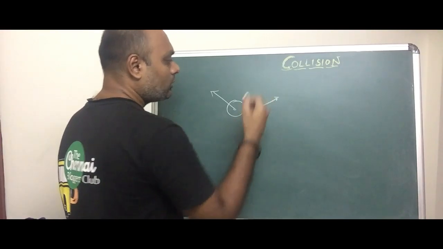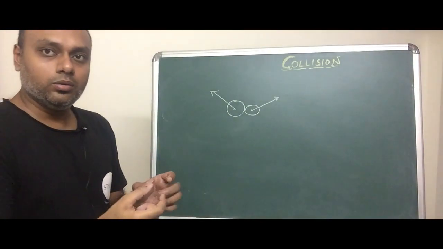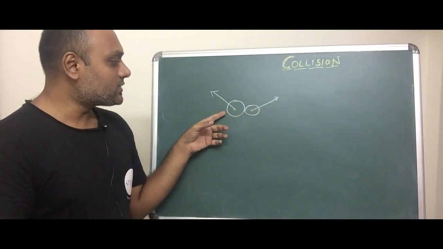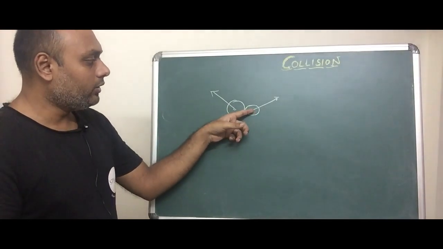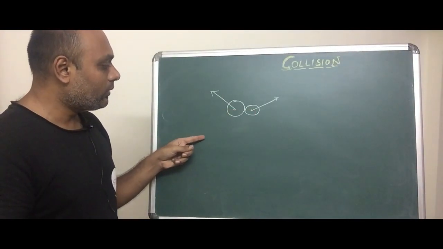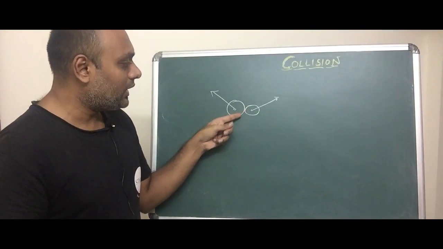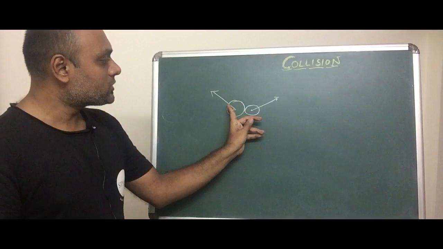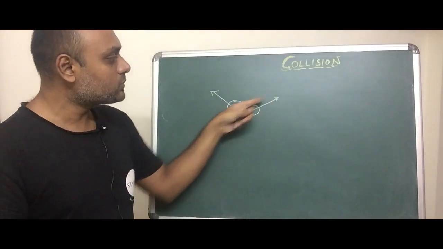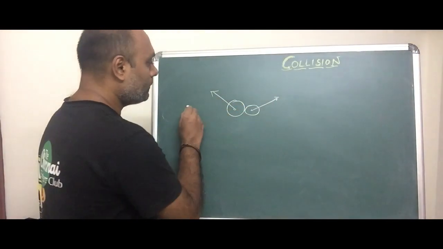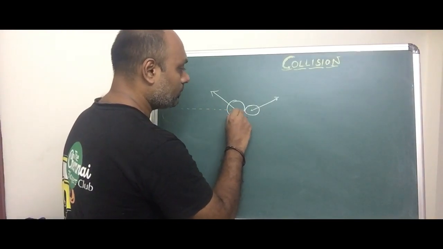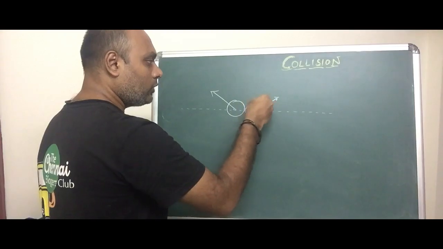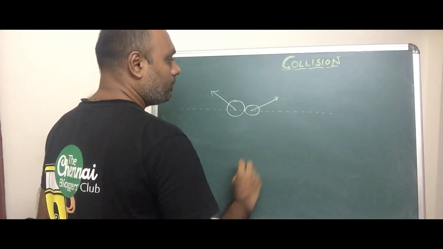This could be an example, you have seen carom boards, right, with strikers and coins. So that is a carom board striker and that is a coin. The striker came and collided with this, and after the collision the striker is moving like this and the coin is moving in that particular direction. And this is the line of impact. So this is after collision, they both are separating away from each other.